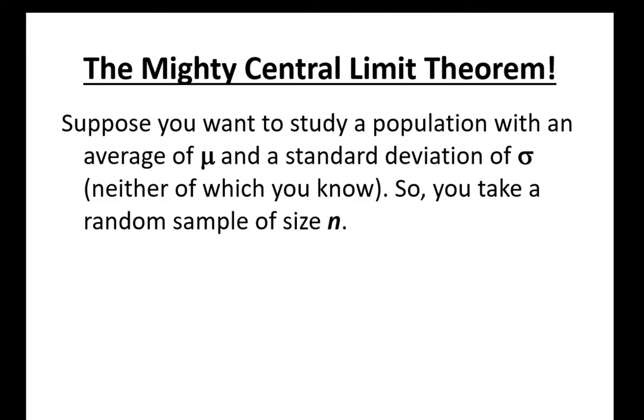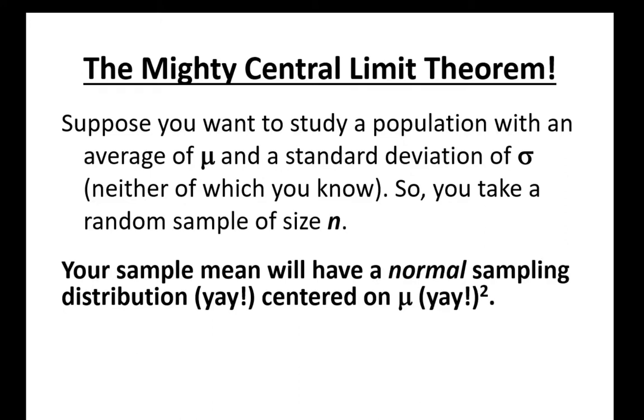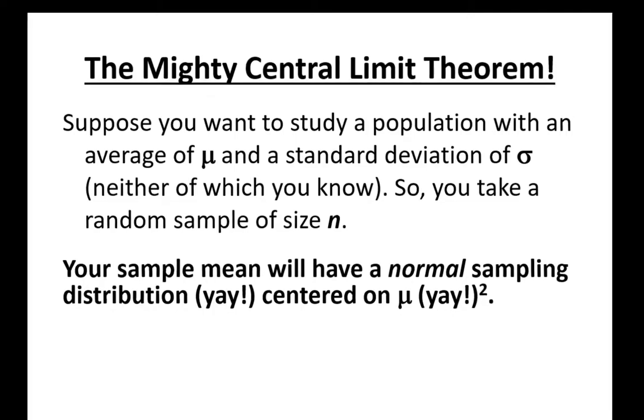The cool thing about the sample average that you draw is that, no matter what the shape of the original population's distribution is, your sample average is going to be in a bell-shaped distribution. And more importantly, the high point of that sample average normal distribution is going to be right on top of mu, which is the population average.